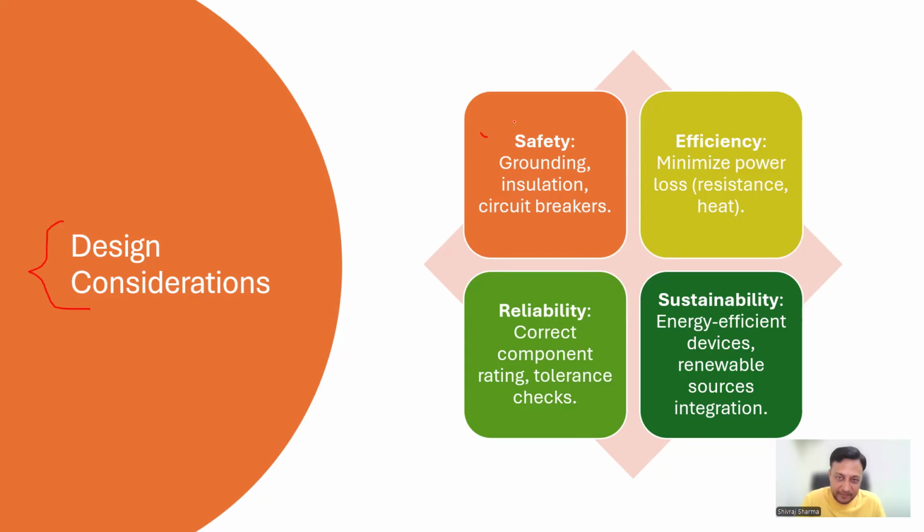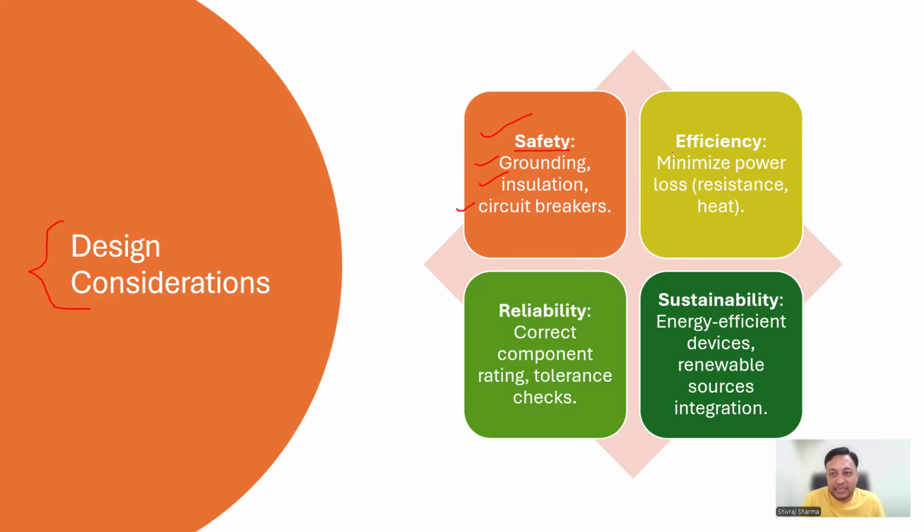First is safety. You are dealing with current, voltages, power, right? The electricity. So safety first. Follow this thing. In safety, what do you need to do? The grounding, the insulation. You need to put the circuit breakers also into it.